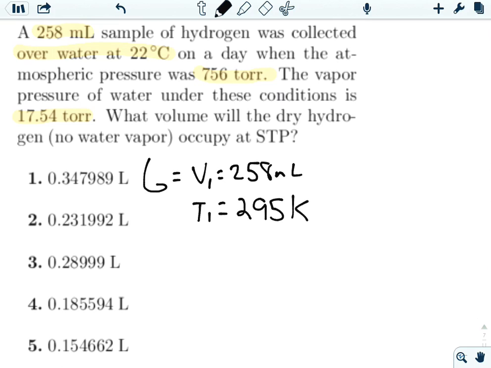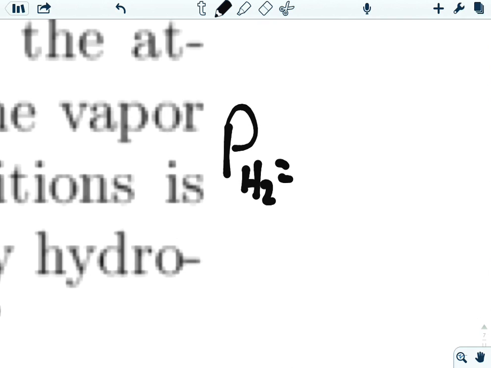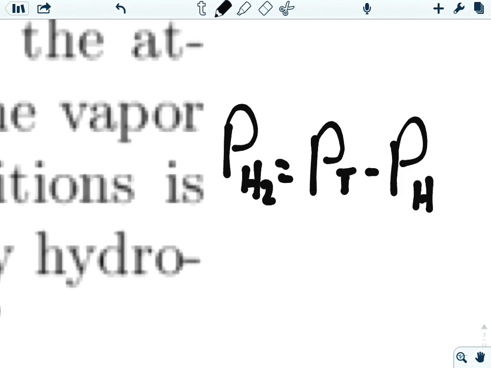Now, what we have to look at is this pressure, that 756 torr. Since that hydrogen was collected over water, it has water vapor in it. So we have to subtract out the partial pressure of water vapor to get that dry gas. We use the equation where the pressure of hydrogen equals the total pressure minus the pressure of water vapor.